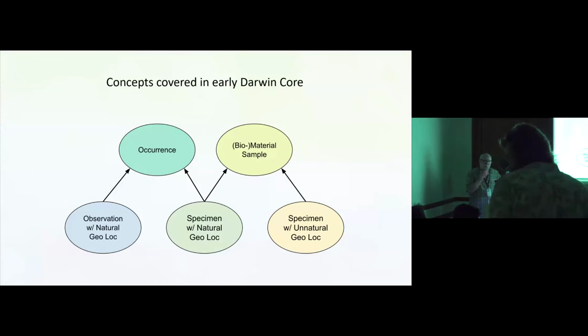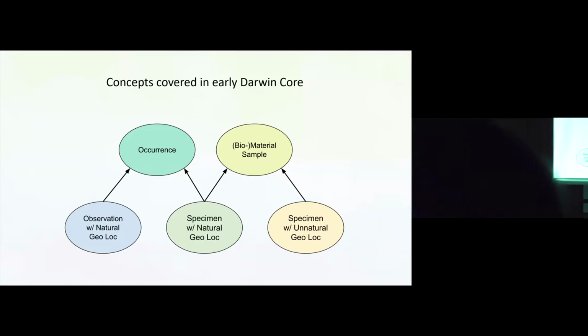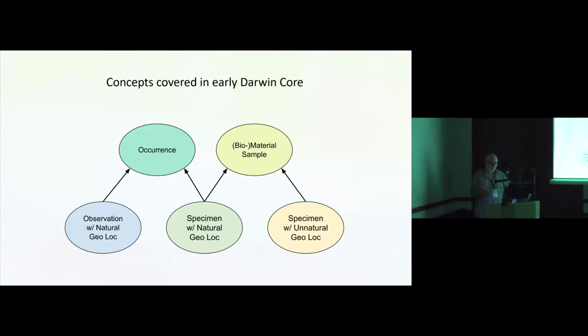When we created the Darwin Core way back in the early 2000s, we had two driving purposes and three major classes of primary biodiversity information. The purposes were to expose as much data as possible relevant to documenting species distributions, and to enable researchers to find the stuff that they needed to study, the discovery part of metadata.